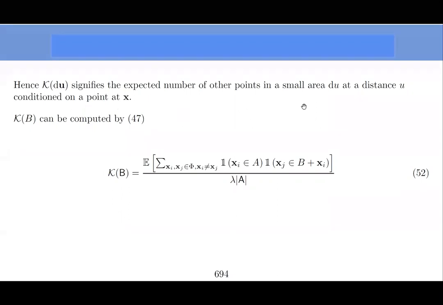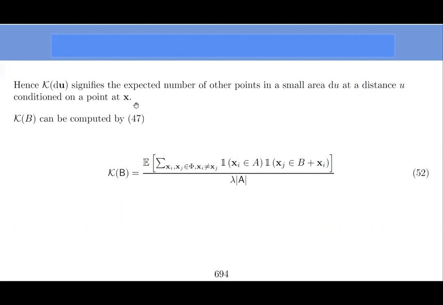This distance is relative to the point at x. Remember, there was x and y earlier, and then I converted it to x and x plus du. So this distance is relative to the point I'm conditioning on.